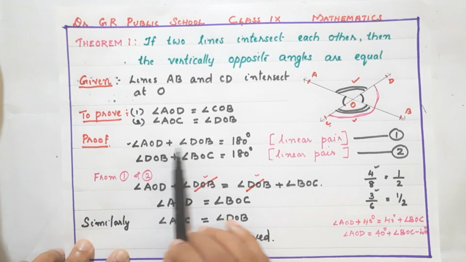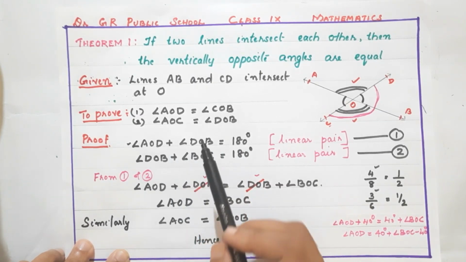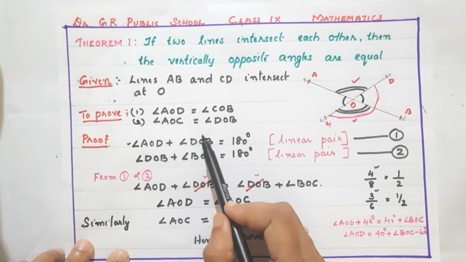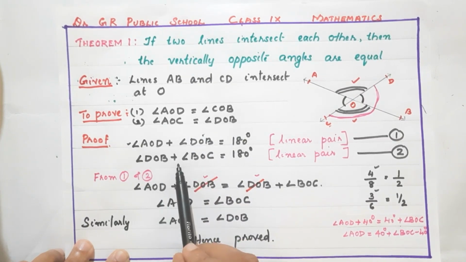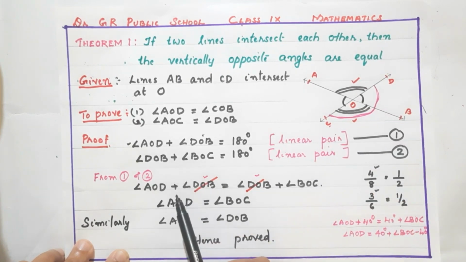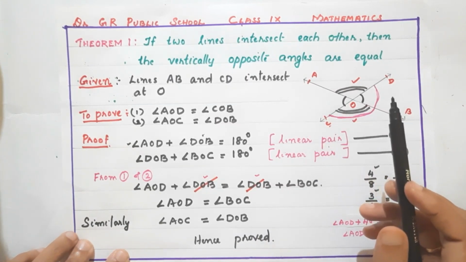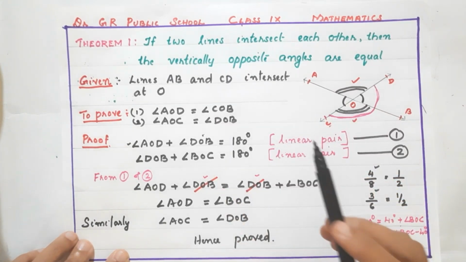Angle AOD plus angle DOB equal to 180. For the next equation, you have to start with this same DOB: DOB plus BOC. Otherwise, you won't get this. Okay. So write and study 2-3 times. Okay, children.